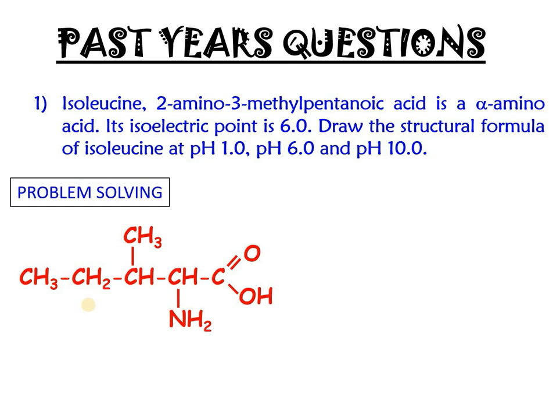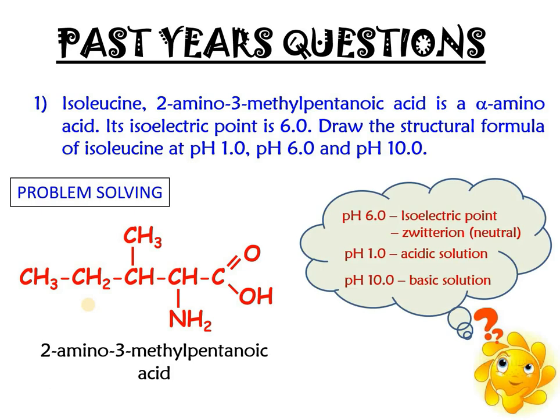Given the isoelectric point of isoleucine is 6.0, at pH 6.0 it will be in the form of a zwitterion. At pH 1, it will be in acidic solution. And at pH 10, which is greater than pH 6.0, it is in basic solution.